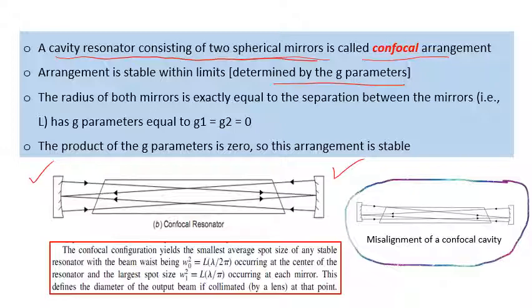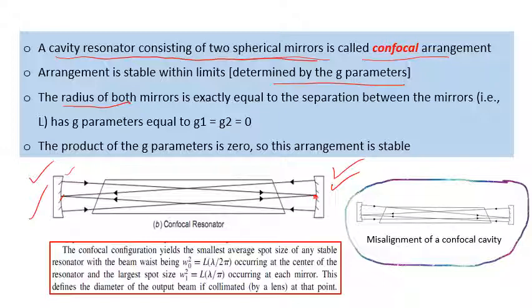If we're using spherical mirrors, they should have a certain radius. The radius of both these mirrors is exactly equal to the separation between the two mirrors. For this one, the focal point is here, and for this one, the focal point is here.